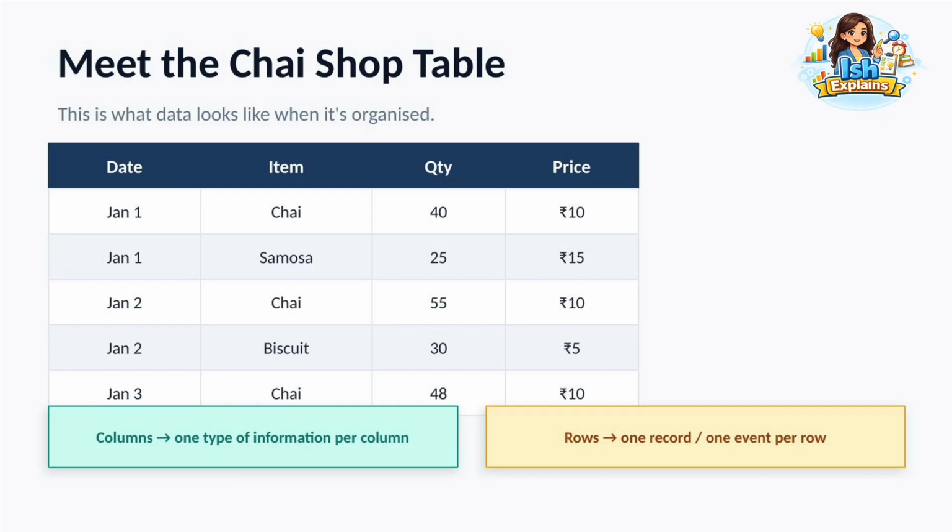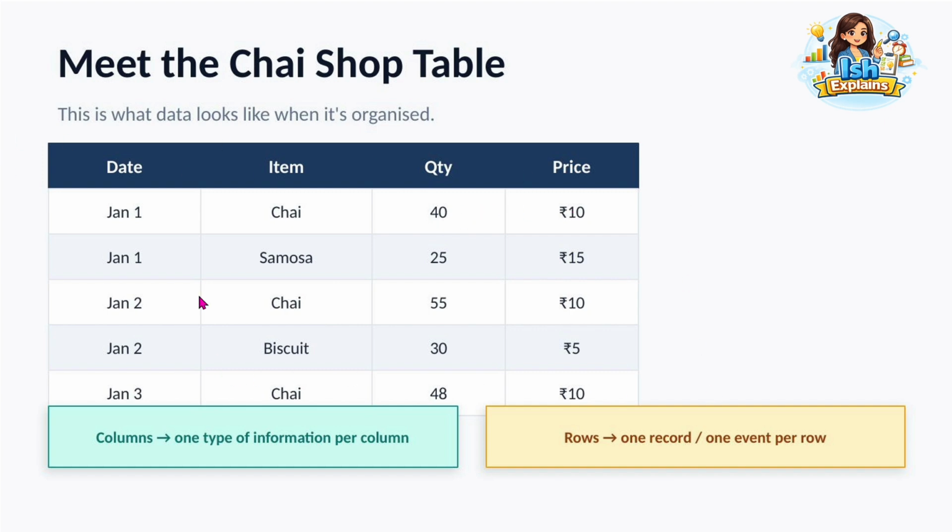Now, what does organized data look like? Let me show you. Imagine you run a small chai shop. Every day you sell chai, samosa, biscuit, and you write it down like this: date, item, quantity, price. Jan 1st, chai, 40 cups, 10 rupees each.